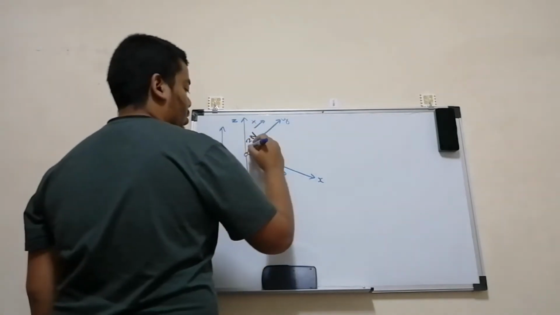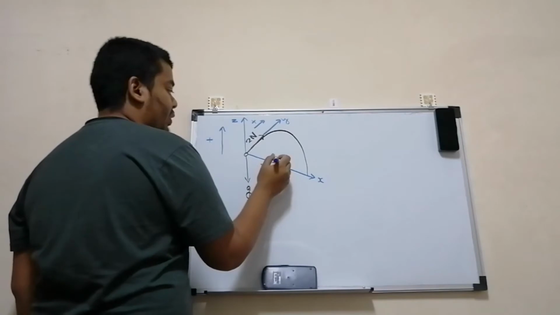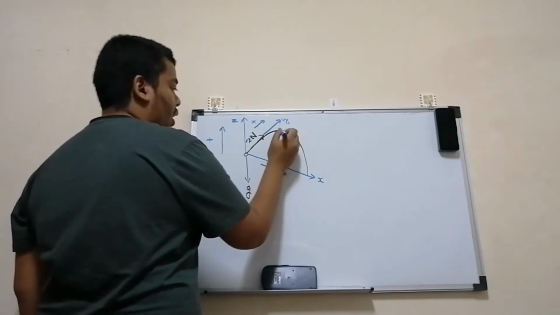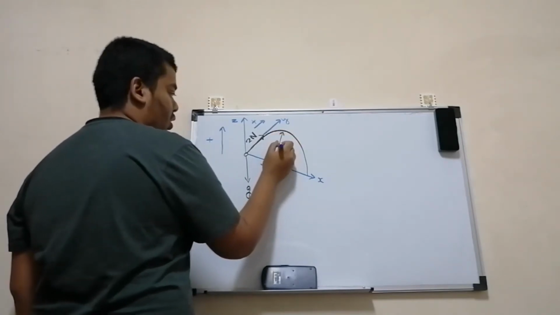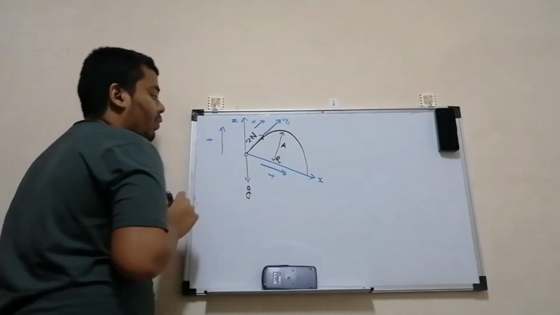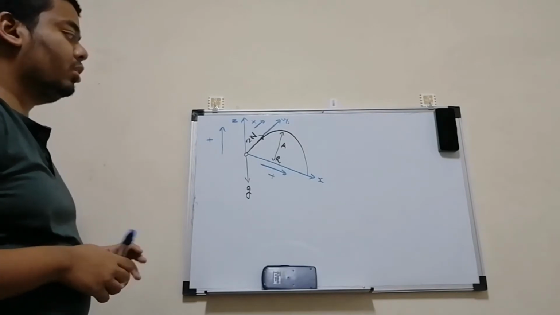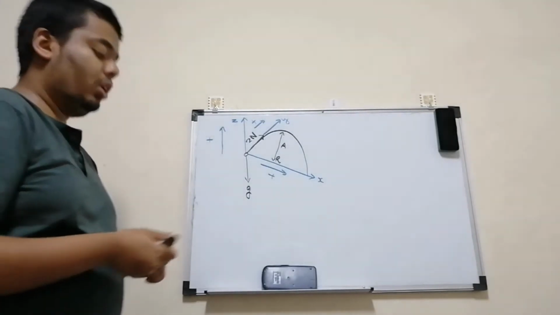moves in this way. Okay, this is the range, and this is the maximum altitude. Okay, and this is the range of the particle. The initial speed of the particle is given by v naught.